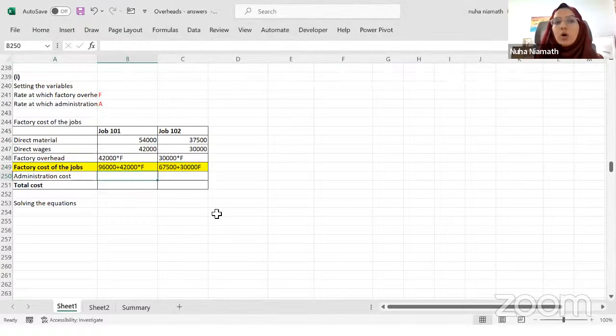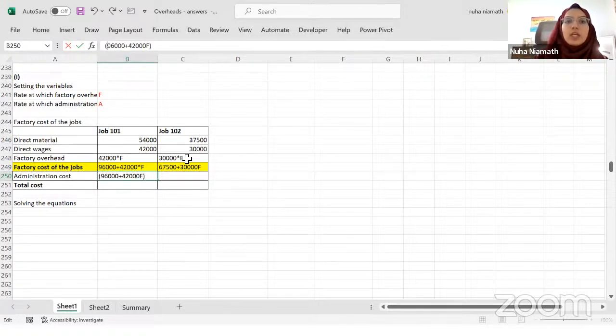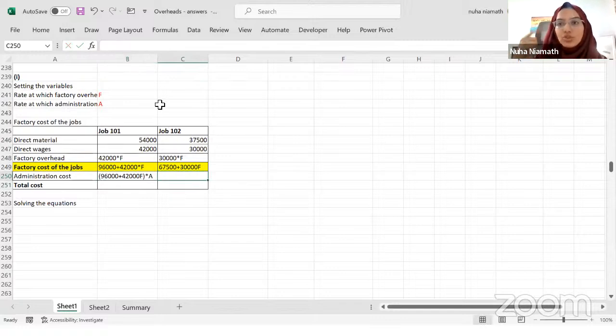Okay. Now administration cost is a percentage of the factory cost. So how do we do that? 96,000 plus 42,000 F, which is our factory cost. Let's put that in brackets, into A, because A is the percentage on which the administration cost will be calculated.